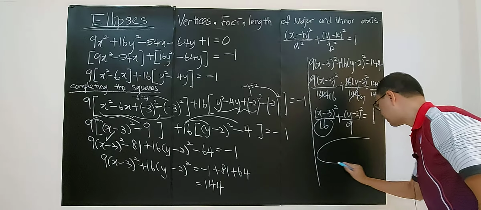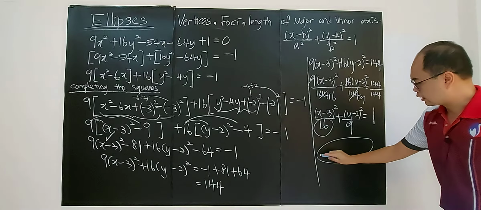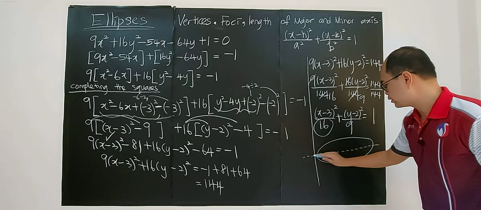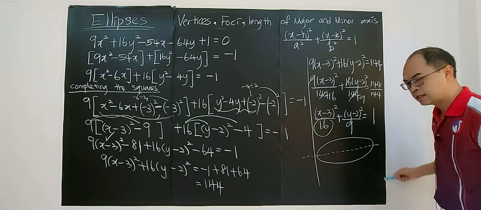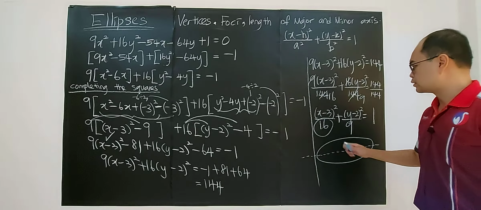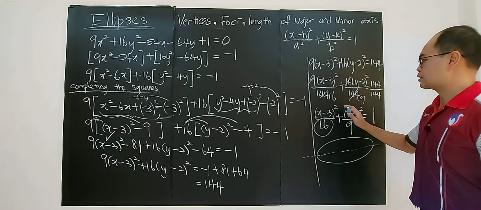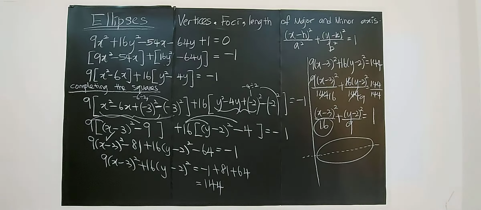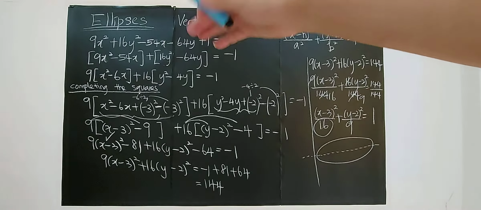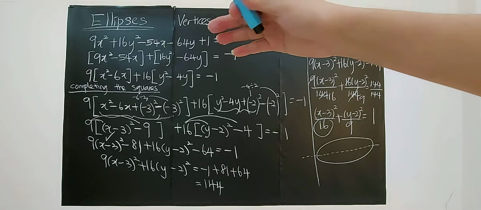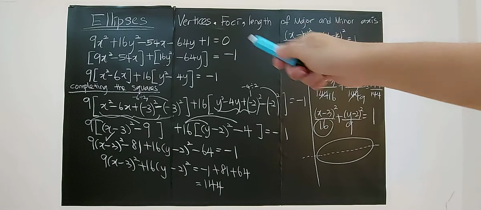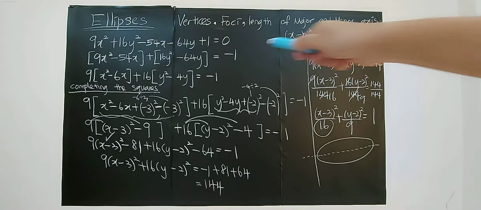It means the major axis is horizontal, or we say the major axis is parallel to the x-axis. So after we show this, we can see the shape of the ellipse through the standard equation. As long as we can write the general equation and transform it by completing the square into this form, it shows that it represents an ellipse.